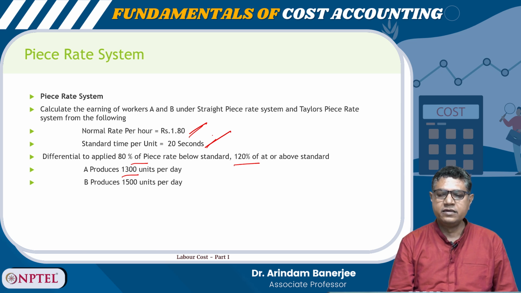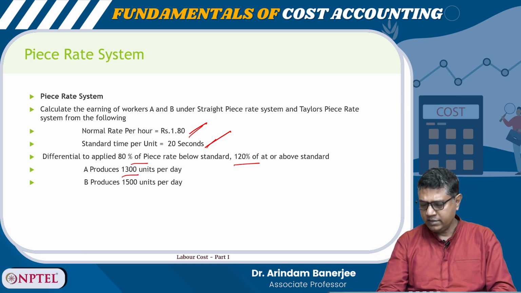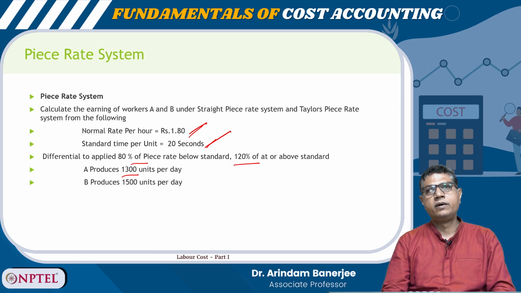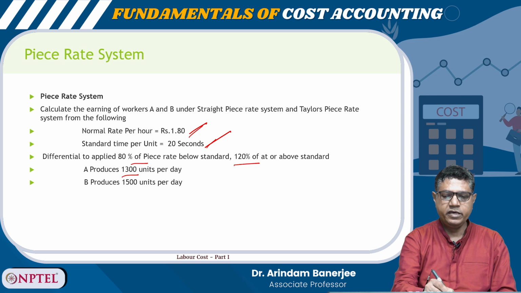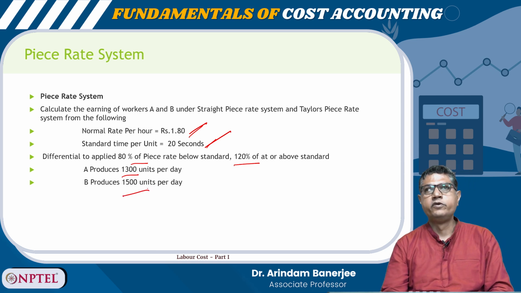Under the Taylor's piece rate system, 80% of piece rate applies below standard and 120% at or above standard. Now, A is producing 1300 units and B is producing 1500 units.